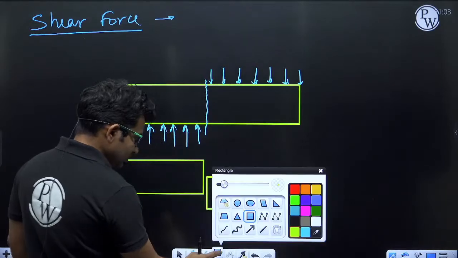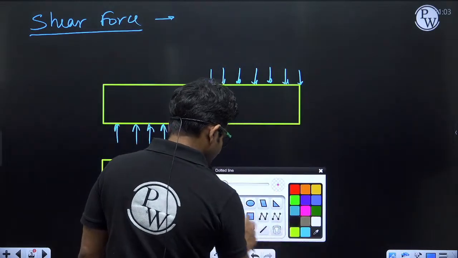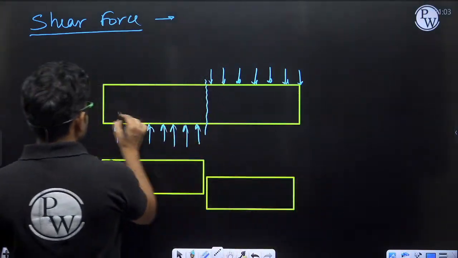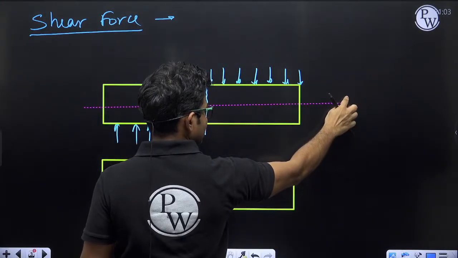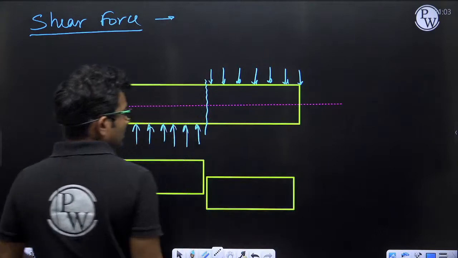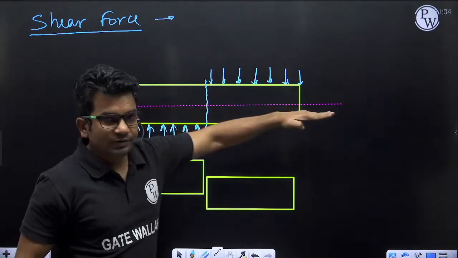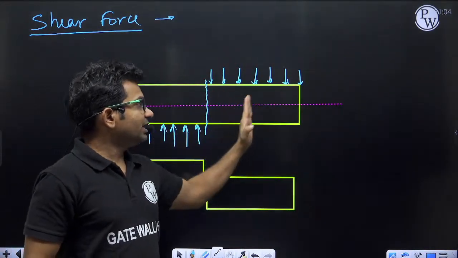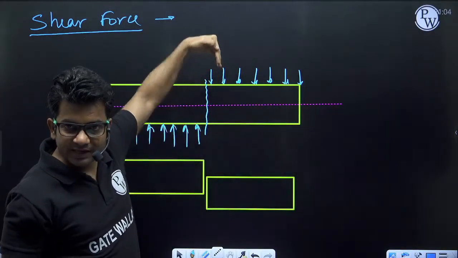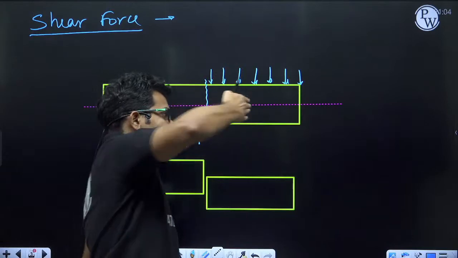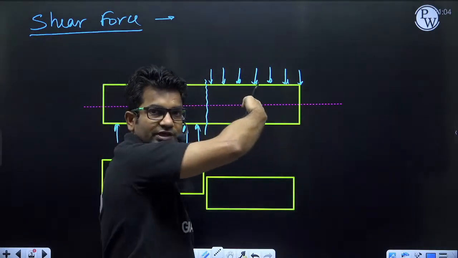Let us say this is the axis of the beam, and these are the forces perpendicular to the axis. These perpendicular forces can be in this direction or in this direction.